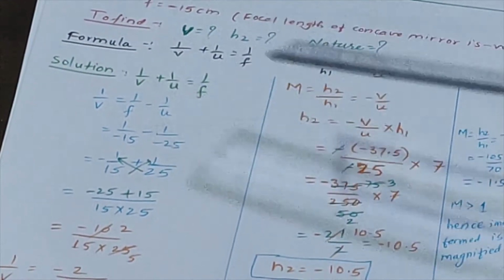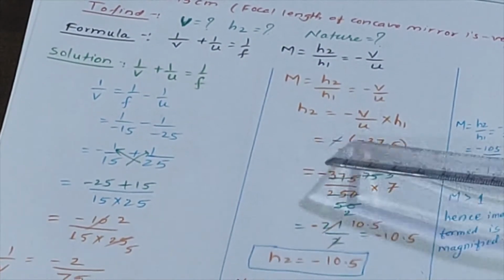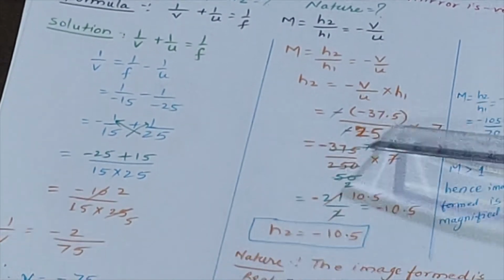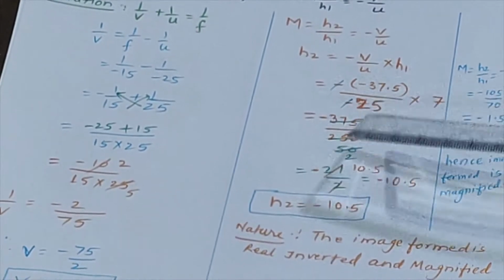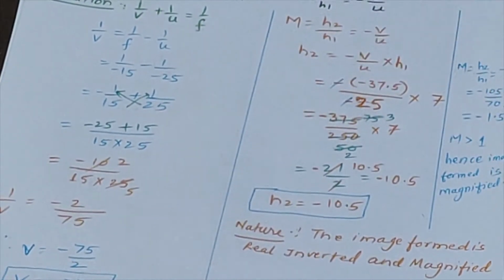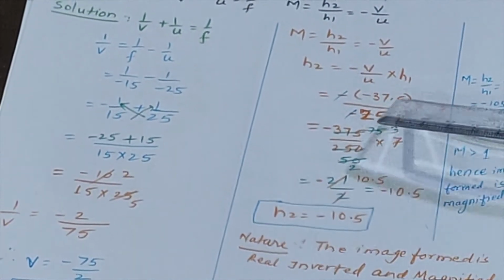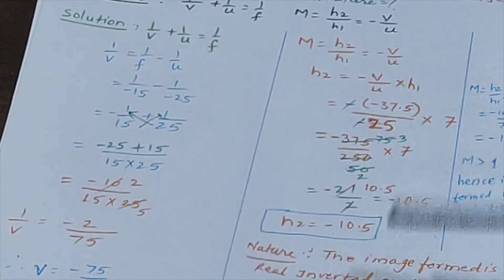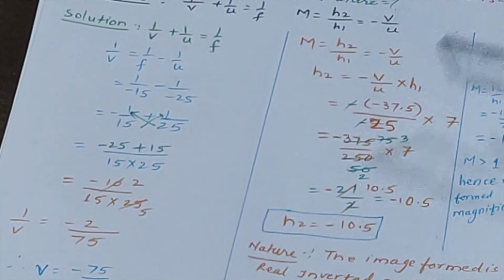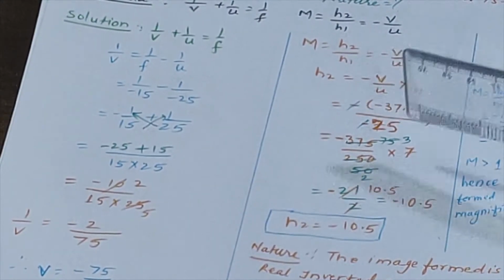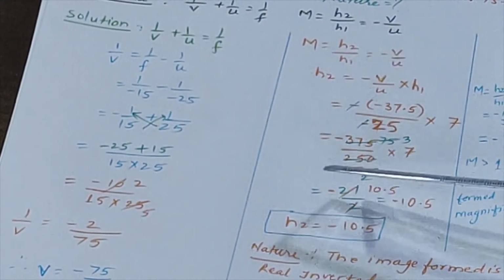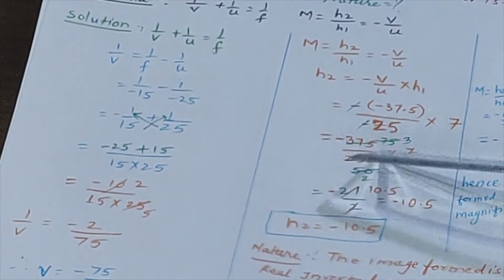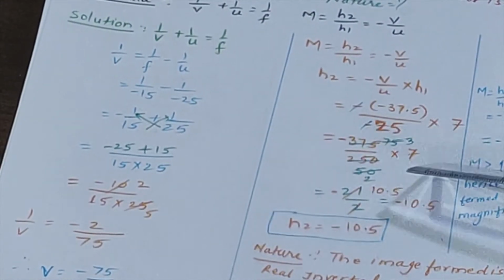U is minus 25, which I substitute here. So it becomes minus of minus 37.5 upon minus 25. This minus minus is cancelled because the signs cancel. So now you are left with minus 37.5 into 7 upon 25. I try removing the decimal from the top, so I multiply by 10 in numerator and denominator. I get 375 upon 250, into 7.